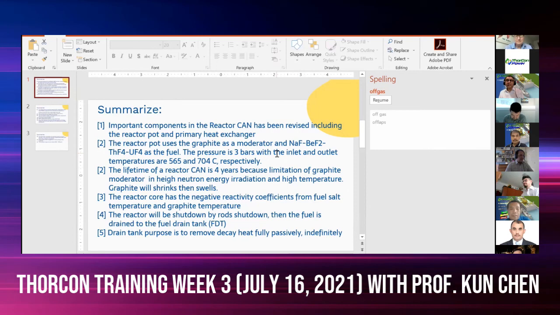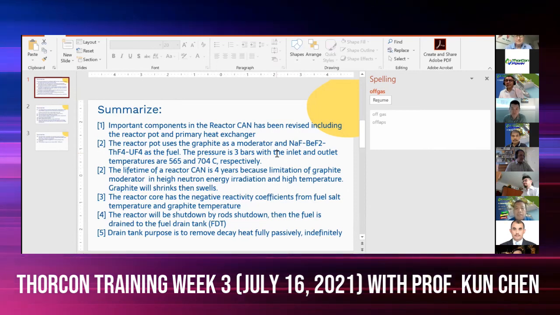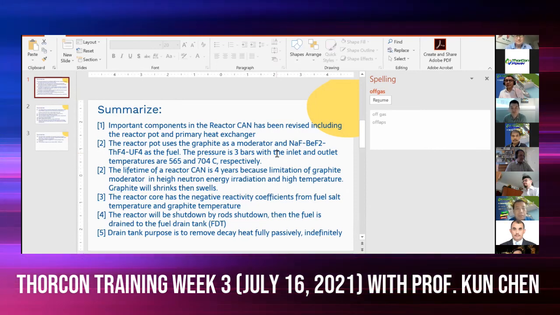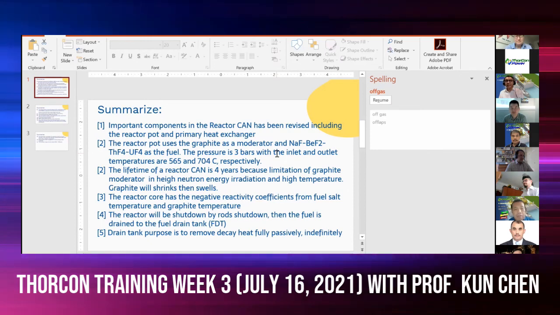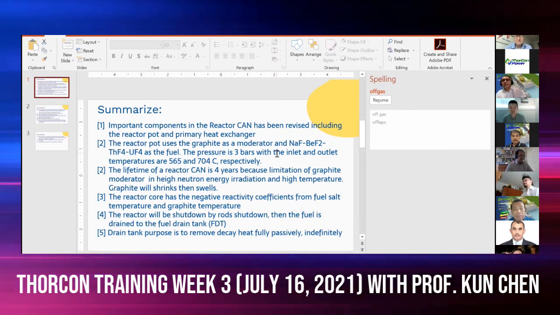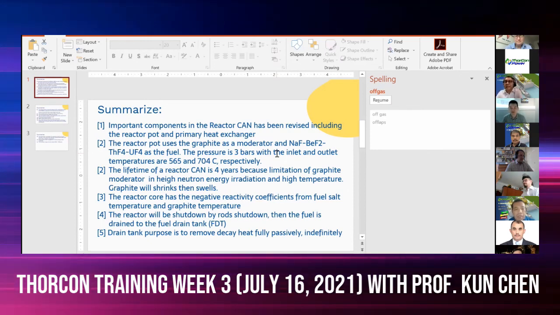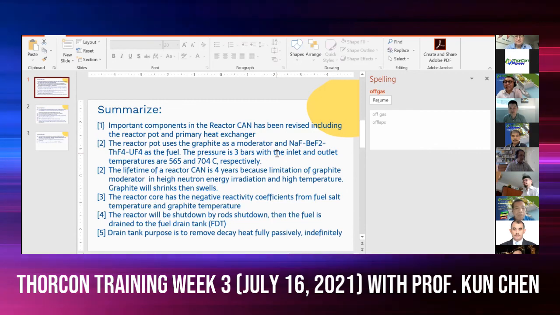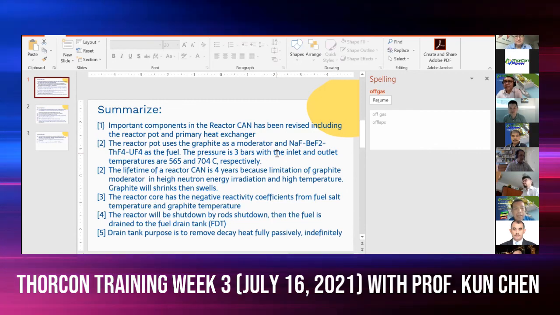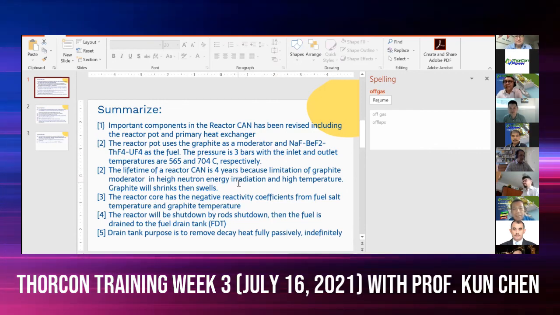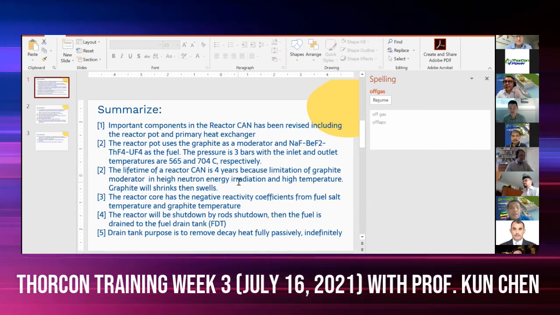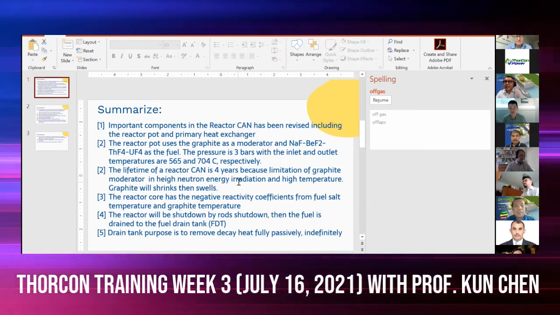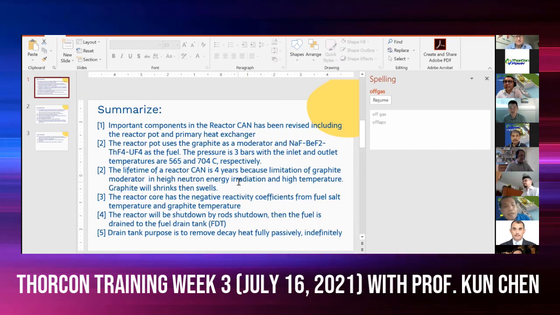And the pressure is about 3 bars with the inlet and outlet temperatures of 565 C and 704 C. And the lifetime of the reactor can is 4 years because of the limitation of the graphite moderator in the high neutron energy radiation and high temperature. Graphite will shrink and then swell.